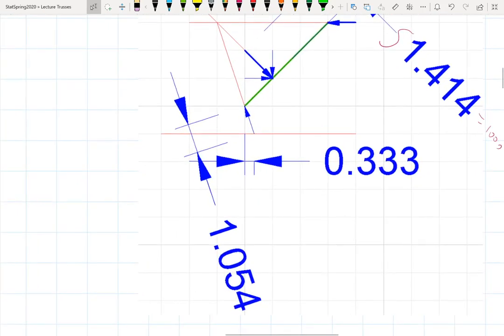So now it looks to me like I did not, oh yes I did. So what is the length of this vector? The length of this vector is scale times that, or 1.054, or about 745. So it's possible that I made a mistake on that, but I'm going to just go with 745 for the moment.